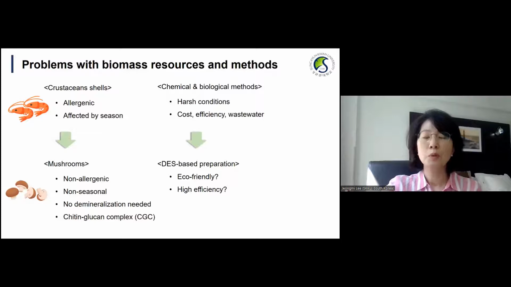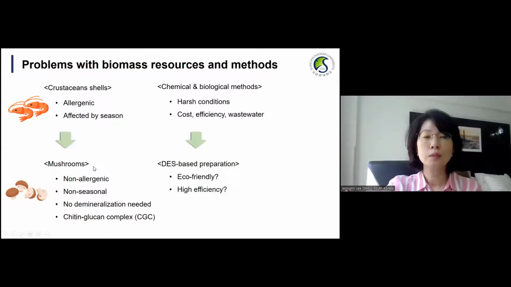Another important aspect about mushroom is that there is no need for demineralization. In crustacean shells, there are a lot of minerals that need to be removed when they are prepared for chitin, but mushrooms do not need that kind of step because there are not many minerals from the beginning.